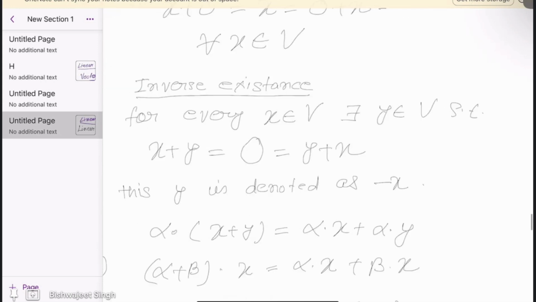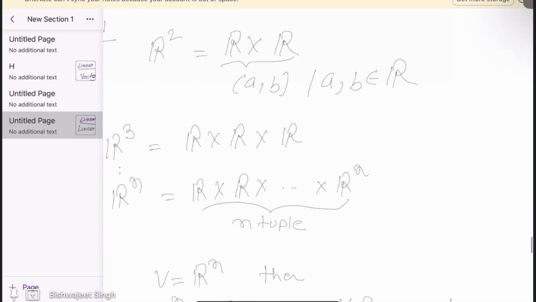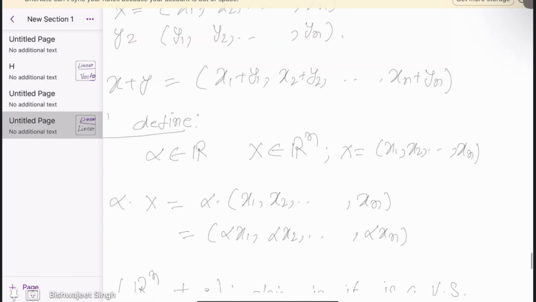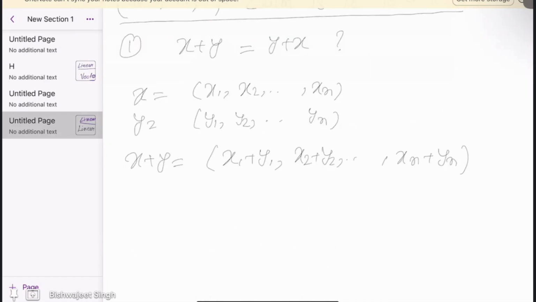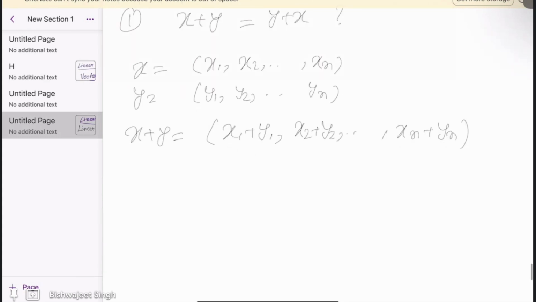For example, in case of Rn, the addition is defined as component wise addition. For matrices, if we have to add two matrices, we just add them component wise, so there the addition is defined on the matrices. Here the addition is defined on the set Rn. Similarly, we can define addition on functions also. We will see that again.